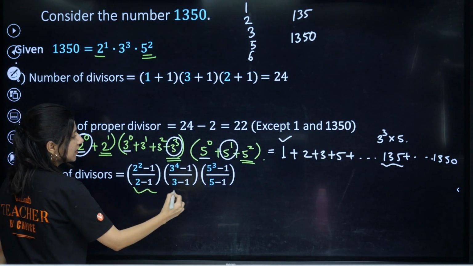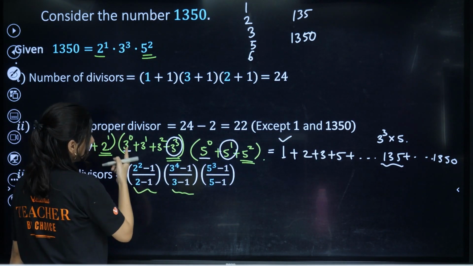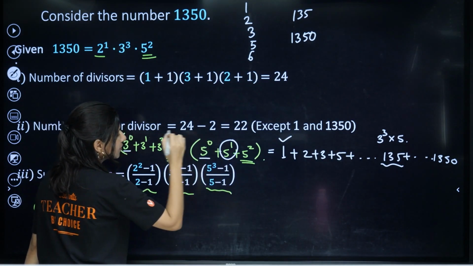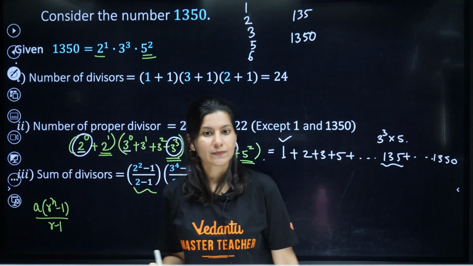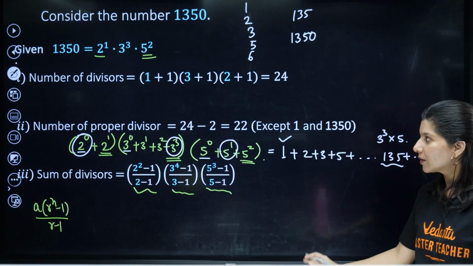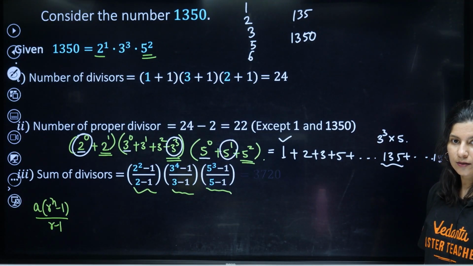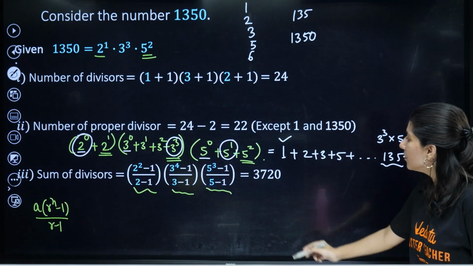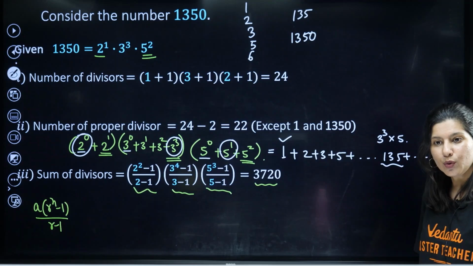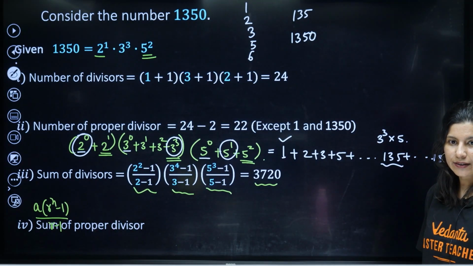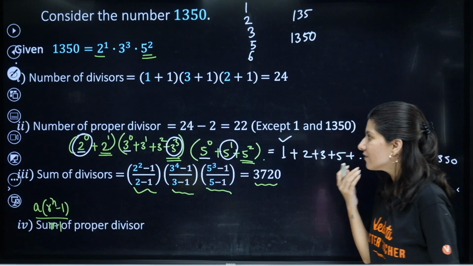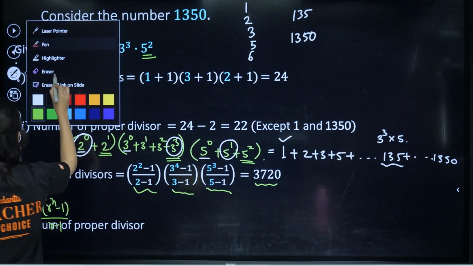Then 4 terms: 3 ki power 4 minus 1 upon 3 minus 1. Then 5 ka cube minus 1 upon 5 minus 1. First term is anyway 1. Sum of divisors. So the answer will be 3720. Clear?